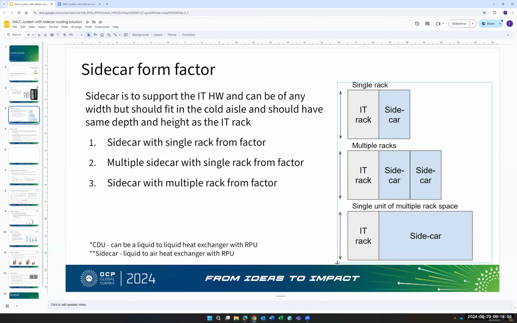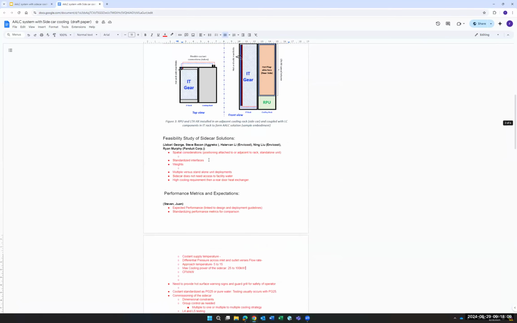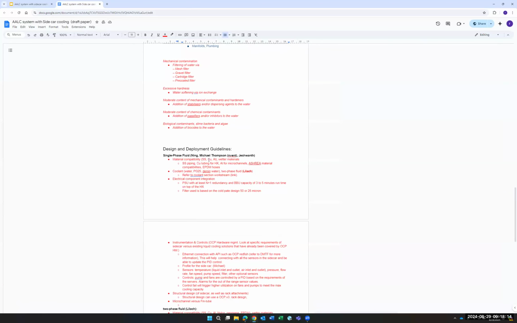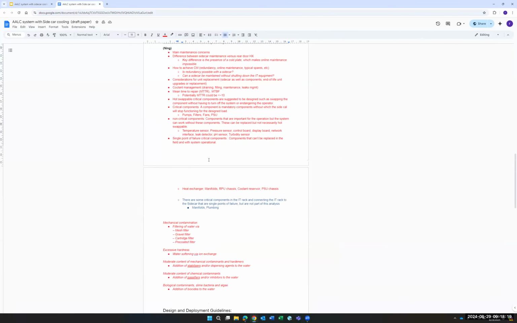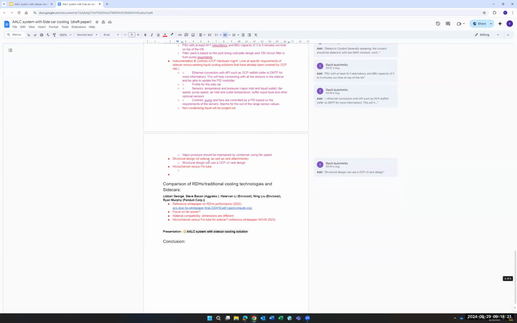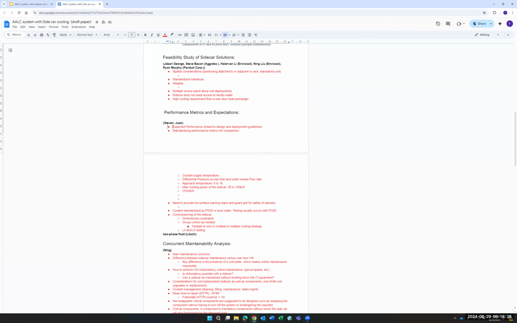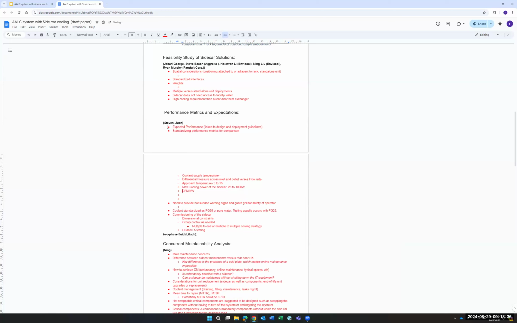From a marketing perspective, you would want to see cooling capacity numbers that are significantly larger than what you could do with a rear door heat exchanger, and push the fact that if you're hitting the upper bounds of cooling for a rear door heat exchanger, here's another technology. Yes, it will take aisle space, but it's not significantly different than your hybrid cooling system for a rear door heat exchanger, and you get significantly more cooling capacity out of it.